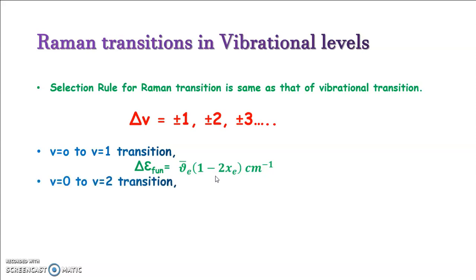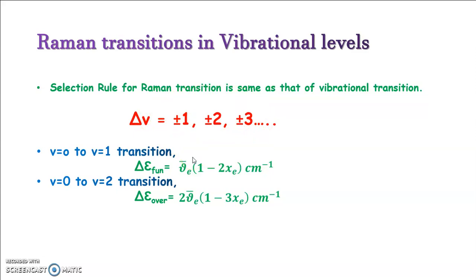For v equal to 0 to v equal to 2 transition and upwards, we will get overtones. For this transition, the first overtone will be 2 nu bar e times (1 minus 3 chi e). We will get second overtone, third overtone, etc. by the transitions in the vibrational levels.